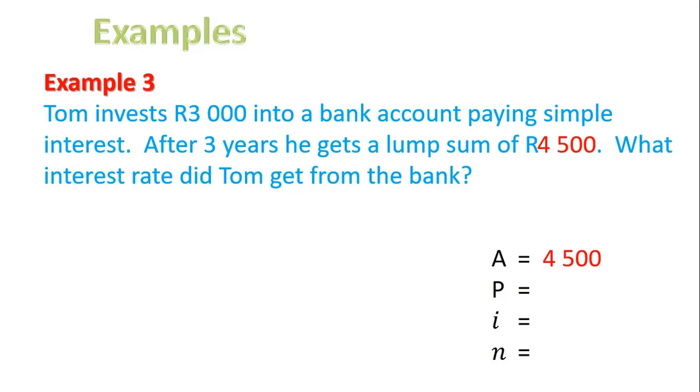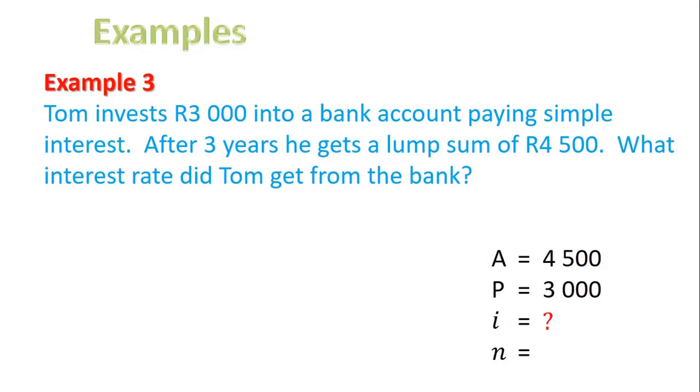My P, my starting amount. Okay, so how much did Tom start with? Well, he started with 3,000 Rand. That's how much he invested. And so P is equal to 3,000. My I, if we read the question towards the end, what interest rate did Tom get? That's what the question wants. It wants the interest rate.